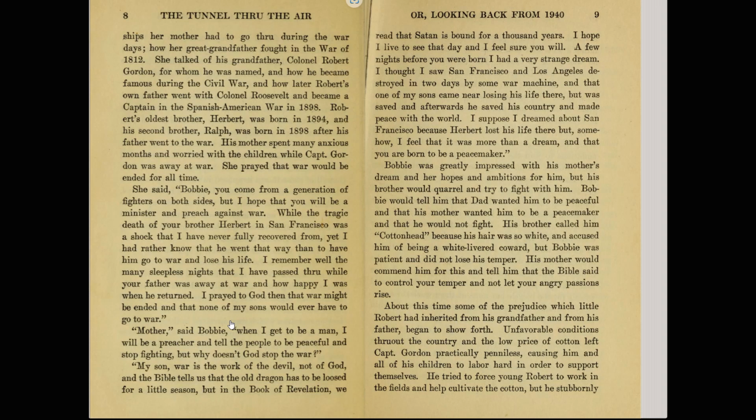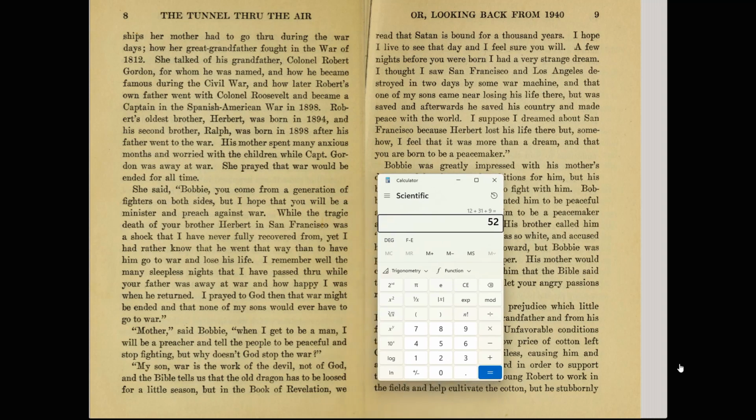And the truth is, you need to take this book and reference things that seem flippant, like the San Francisco earthquake or the start of World War I, and get exact information for it. In fact, World War I started on July 28th. Robert Gordon was born on June 9th.